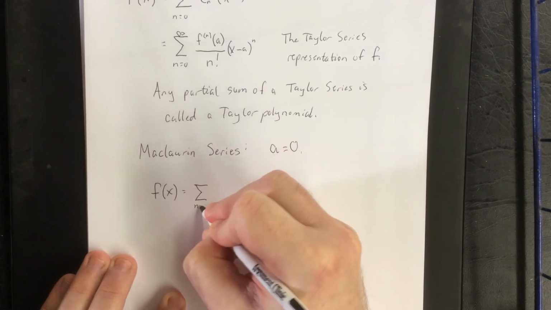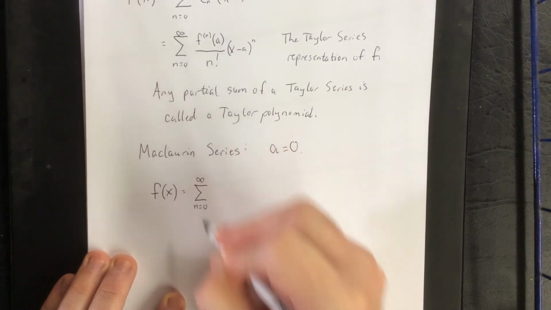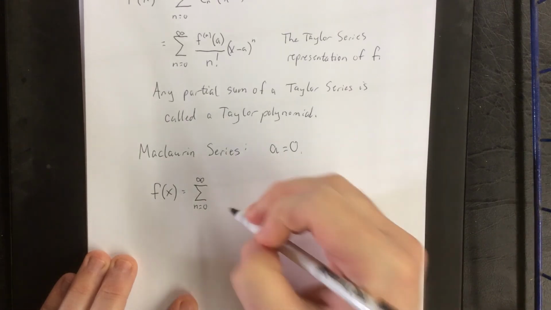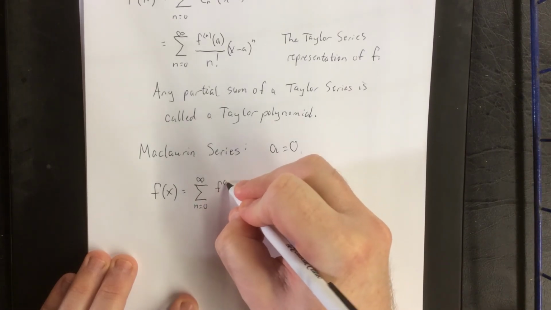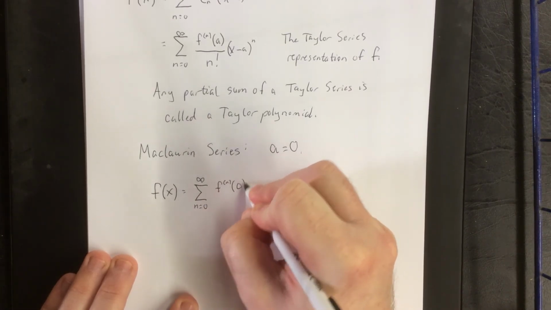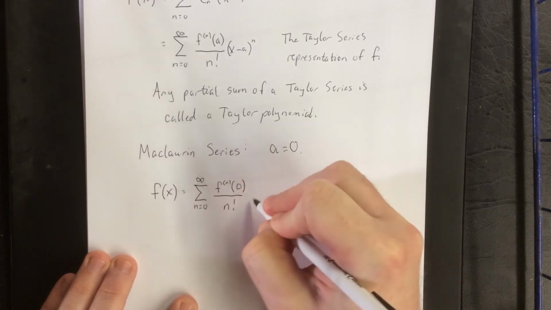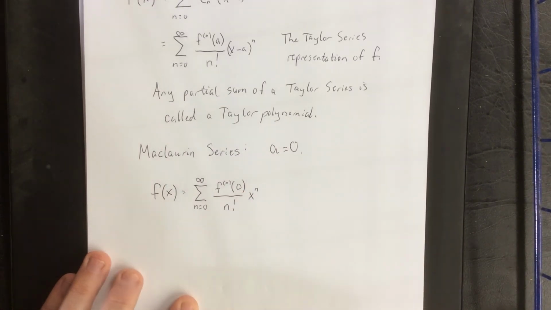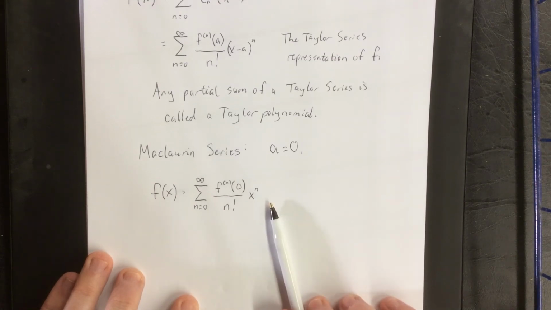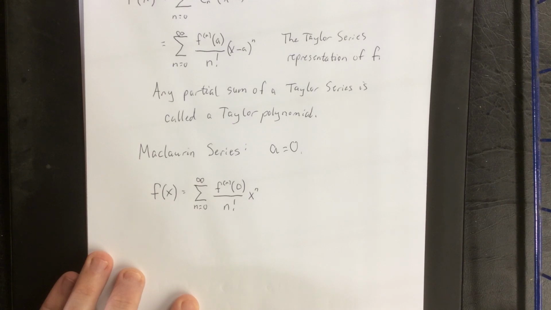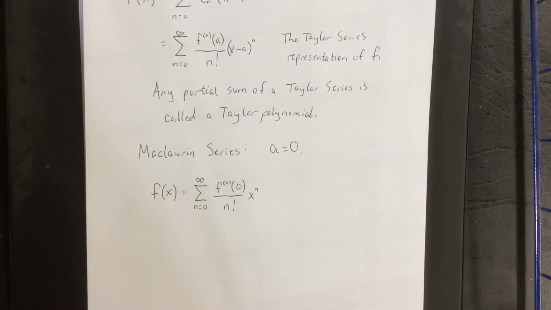Unfortunately, because of our natural tendency to make the center a equals 0, Maclaurin series representations tend to be much more popular than the generic Taylor series. So unfortunately, despite the fact that Maclaurin just took all of Taylor's work and said, let's center it at a equals 0, Maclaurin series tend to be more popular. Well, congratulations, Maclaurin.